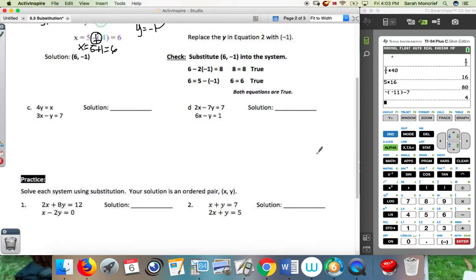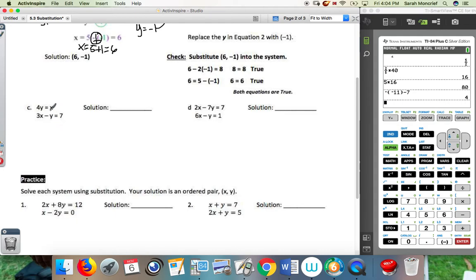Let's do these two really quick. We have two more. So I have example C. We have 4y is equal to x, and 3x minus y is equal to 7.